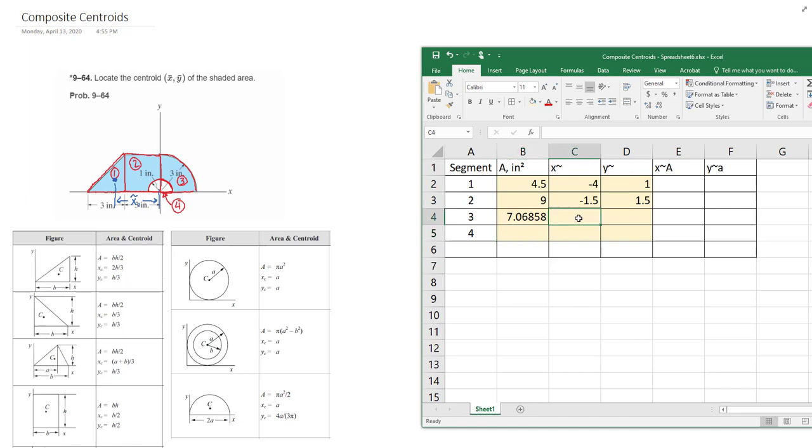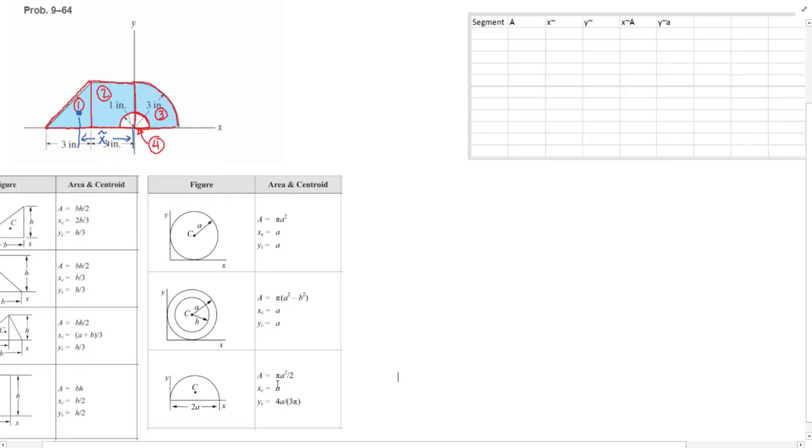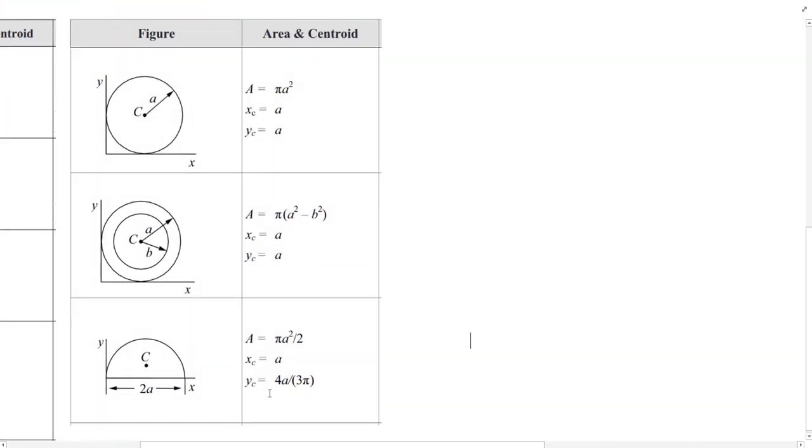The centroid location of this quarter circle is going to be, I'm going to switch back for a second, zoom in over here. Right, this y centroid location here, this is going to be the centroid of the half circle, but it's also going to be, if I take it and I split it in half, those are going to be the same as the total one.